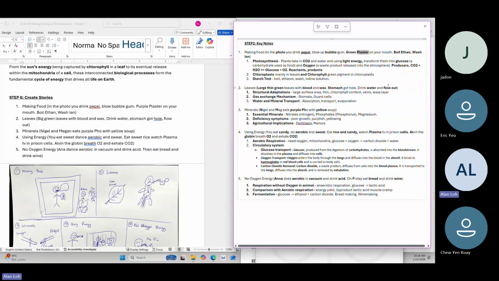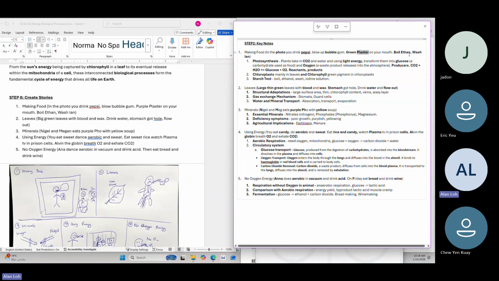Green is related to chlorophyll, and the plaster is related to the chloroplast, because the plast is there. I use plaster, and why green? Because chlorophyll is green in color. So you put a green plaster on your mouth.